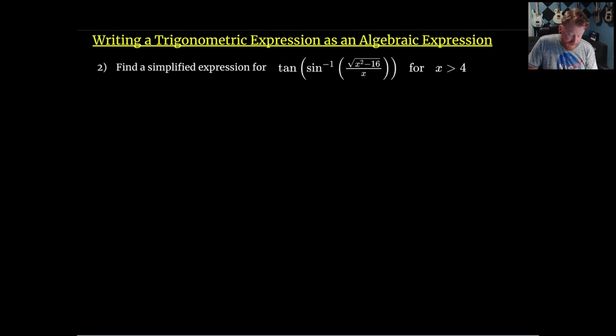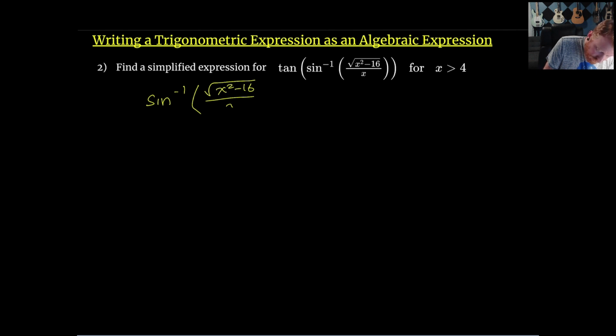Okay, taking a look at this example here, we want to find a simplified expression for tangent of sine inverse of this funky expression here for this domain x bigger than 4. So what we are going to do in this one is not draw a unit circle, but just try and use some relationship here. So we've got that we want to find sine inverse of the square root of x squared minus 16 over x.